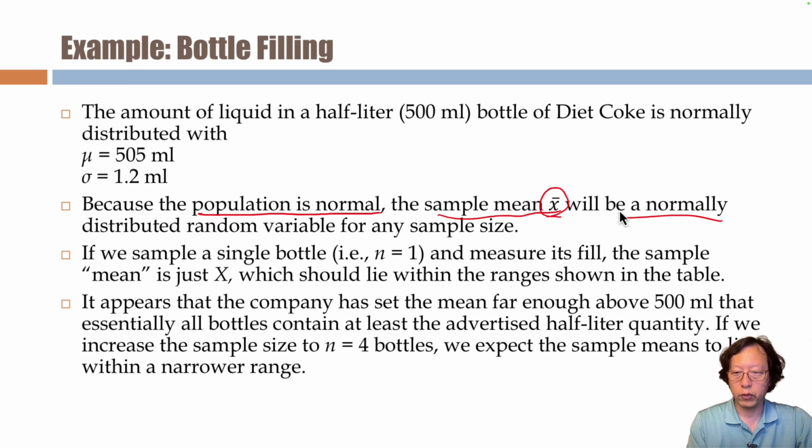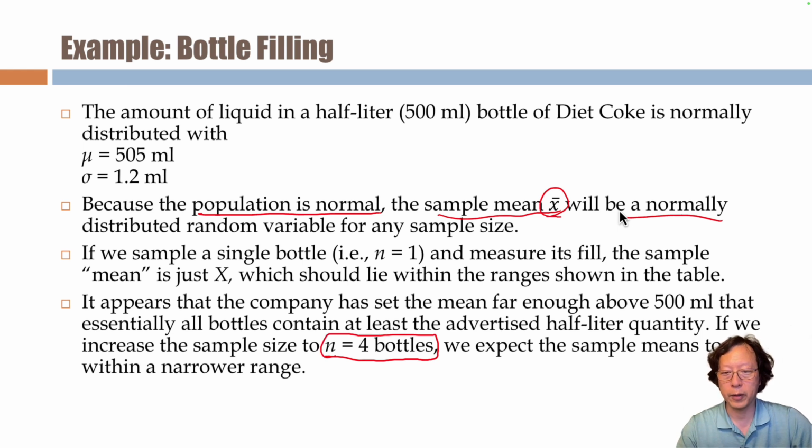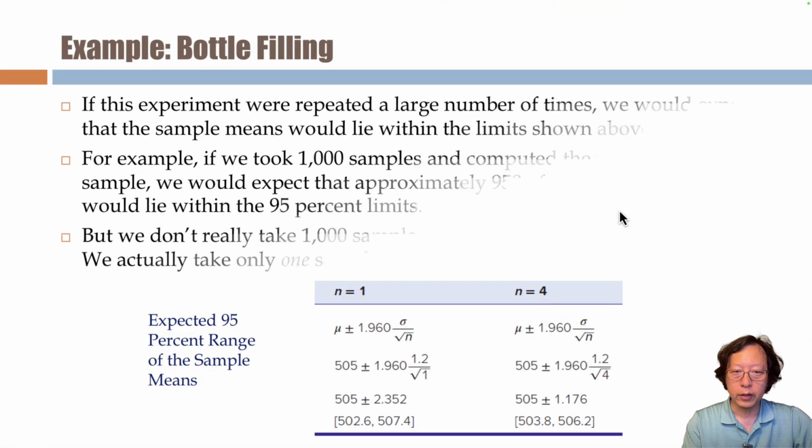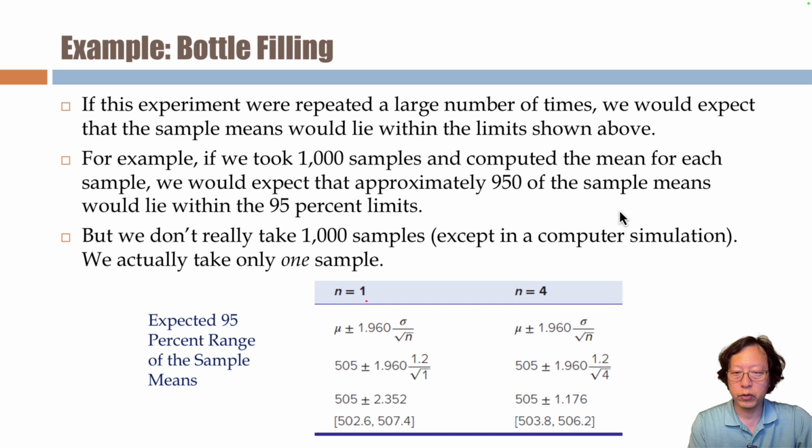And then if the sample size is 4 bottles, so if you sample 4 bottles, what can we expect the sample mean to be? It lies in a narrow range, so we can find the probability in the range. If we choose a sample of size n, the sample mean is normal, the same as the population distribution.